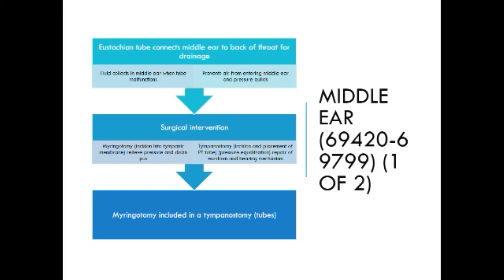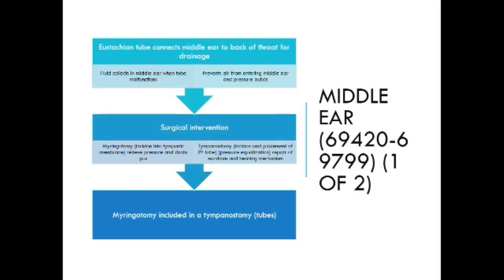Middle ear, 69420 through 69799. The Eustachian tube connects the middle ear to the back of the throat for drainage. The fluid collects in the middle ear when the tube malfunctions, prevents air from entering the middle ear, and pressure builds. Our surgical intervention would be a myringotomy, an incision into the tympanic membrane.